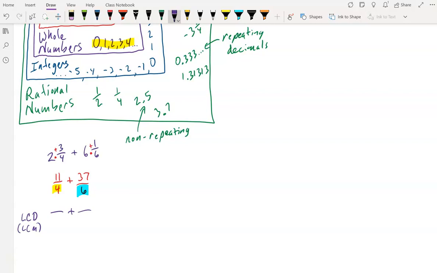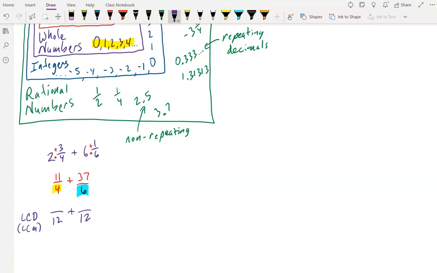Is it one of those? No, because 4 won't go into 6. 6 will, but 4 won't, so we can't. We have to find the smallest number they will both go into. And if I search around long enough, I will find that that number is 12. 12 is the smallest number that they will both go into evenly. 4 goes into 12 and 6 goes into 12 evenly.